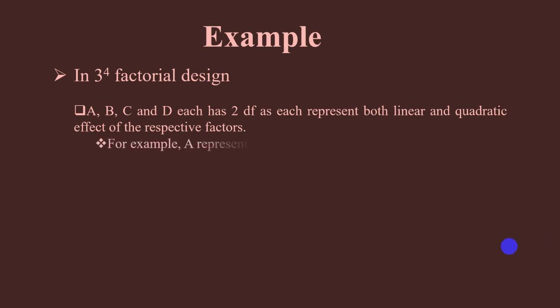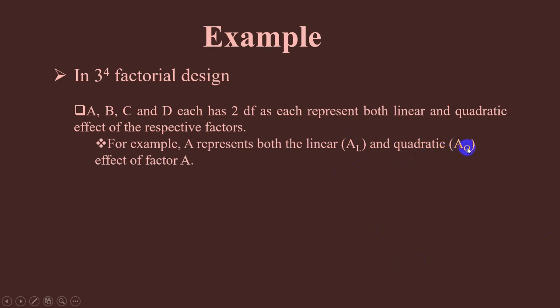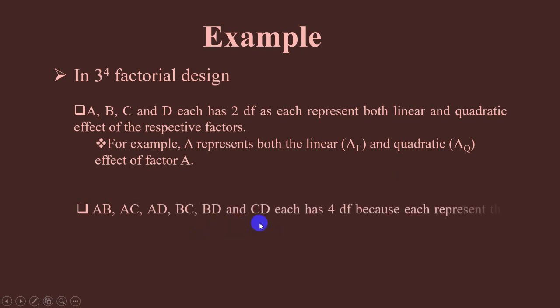For example, A represents both the linear effect, represented by AL, and the quadratic effect, represented by AQ, of factor A. Now AB, AC, AD, BC, BD and CD are all two-factor interactions, and each has 4 degrees of freedom because each represents the 4 components of the respective interaction.